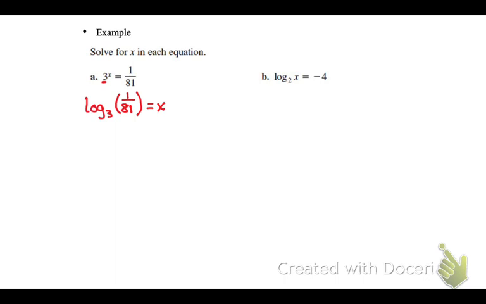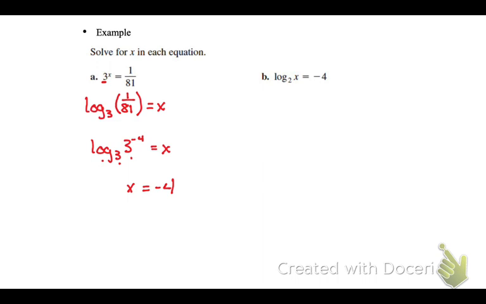But it's in the denominator, and I want to bring it up to the numerator. So what do I put? A negative power. So I have log base 3 of 3 to the negative 4th equals x. Log base 3 of 3 have the same bases, don't they? So x equals negative 4. That's just using our properties, isn't it?